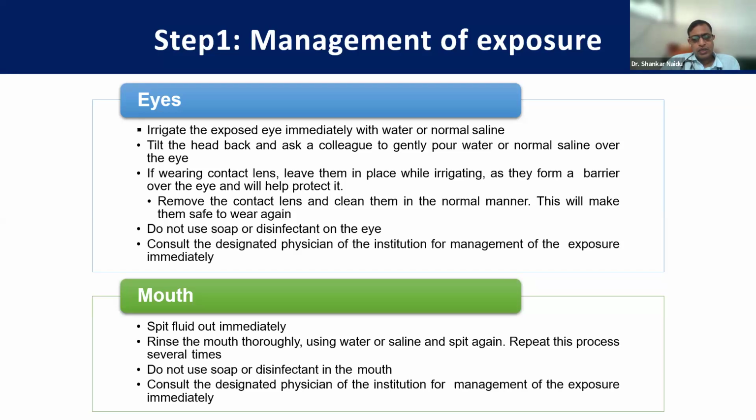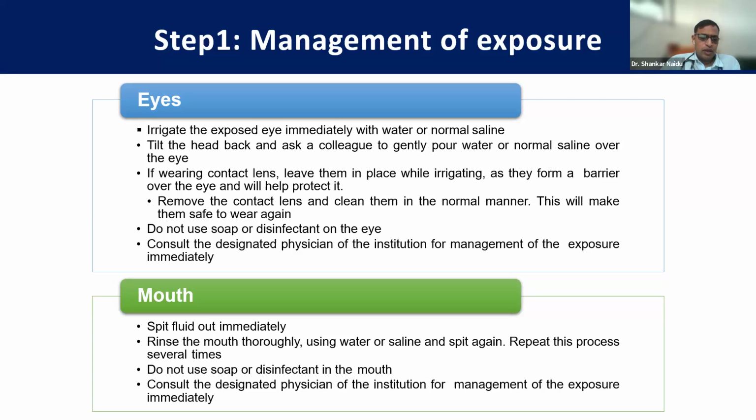Once the irrigation of the eye is done properly, they can remove the contact lens, because sometimes the contact lens might act as a protective membrane against further exposure of the other mucous membrane. We should not use soap or other disinfectant within the eye because that will cause irritation to the eye.